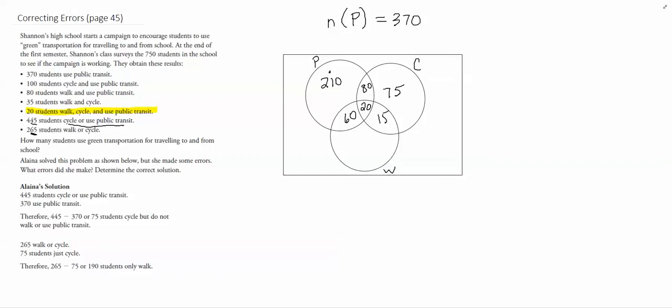Just give me a second here. Okay, I need to back up here. So with the 445 students who cycle or use public transit, we end up with 75 who cycle. But remember, some 15 of those 75 also walk. So we have to subtract out the 15 from the 75, and that gives us 60 students who cycle only.